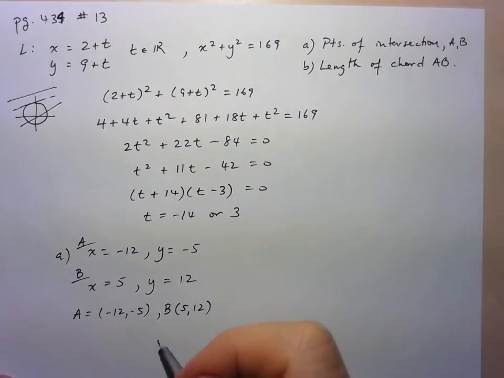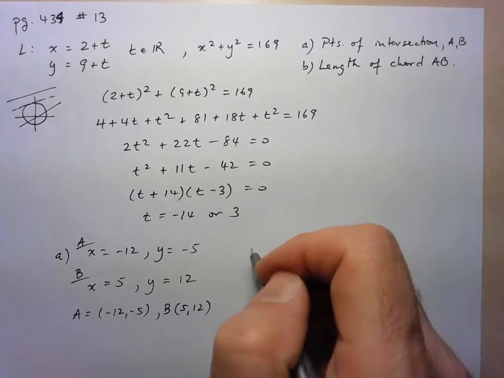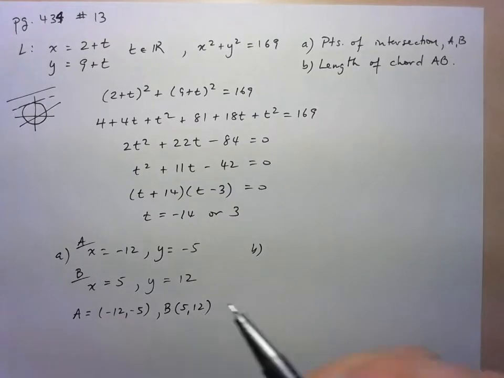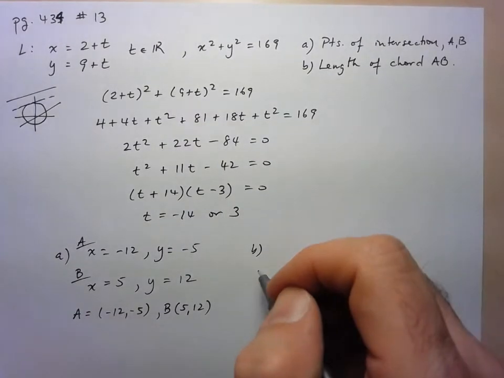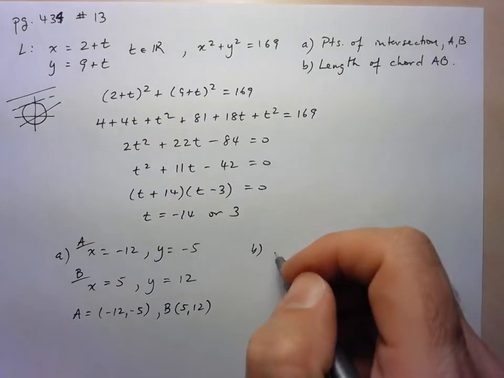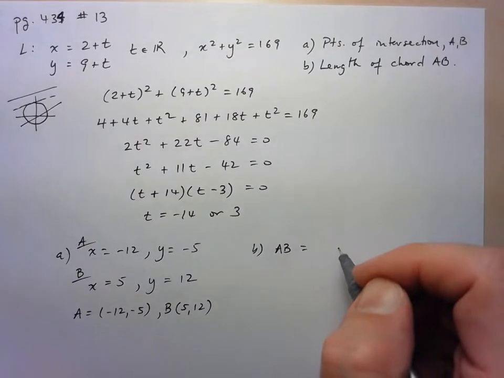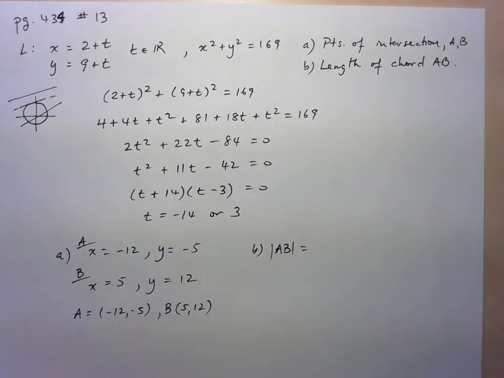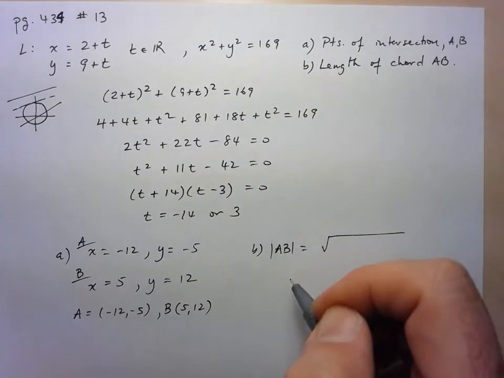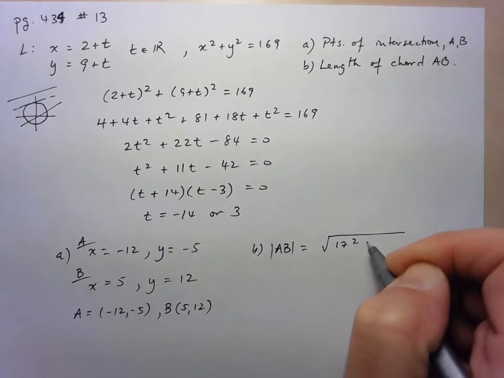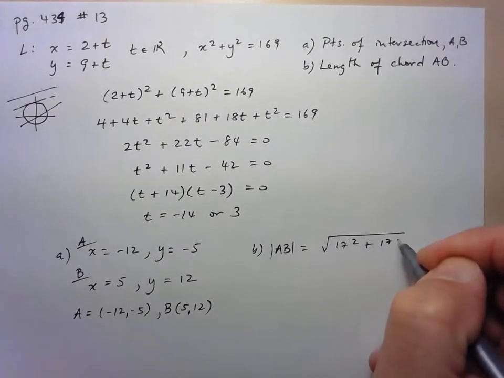Now in part B, we just have to find the length of that chord. We can find the length of that chord by either using our distance formula or thinking of it as the magnitude of the vector joining those two. In the end, it gives us the same thing. So the length of AB is just going to be the square root of 5 minus negative 12, which is 17, and here 12 minus negative 5 is also 17.